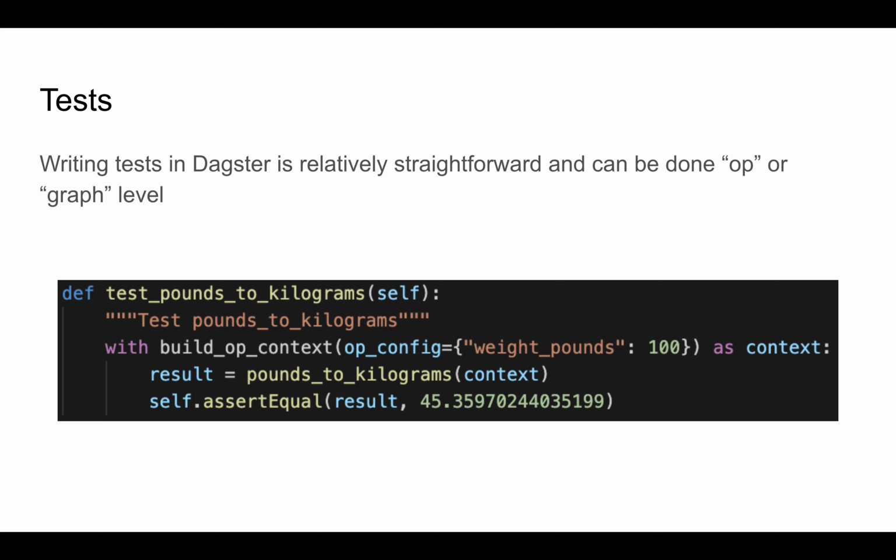Tests. This is something that I really appreciate, since testing data pipelines is historically awful. With Dagster, they make this relatively straightforward. You can test your individual ops, and you can test your entire graphs and jobs. As we saw with being able to sub in resources and do dependency injection for unit tests, you can run entire pipelines as if they were production just locally, which is a huge plus.